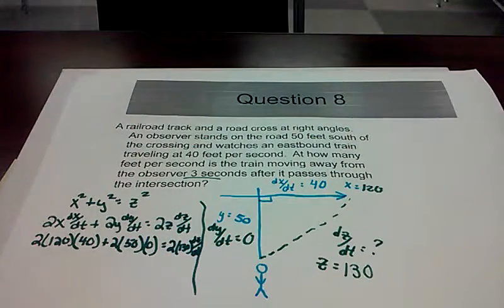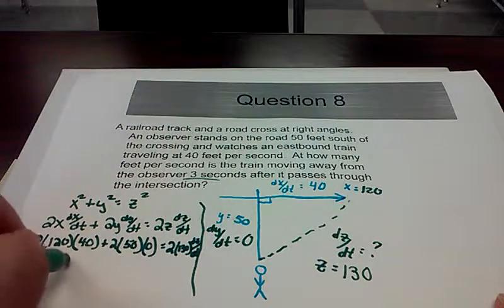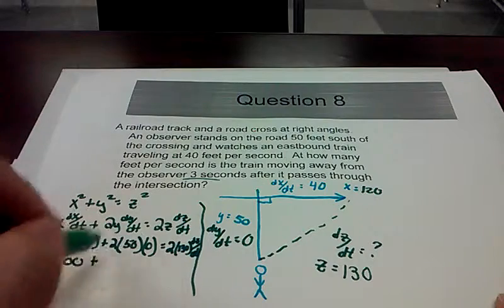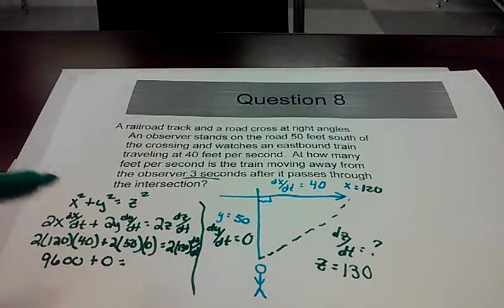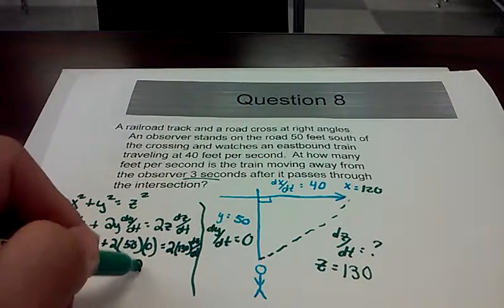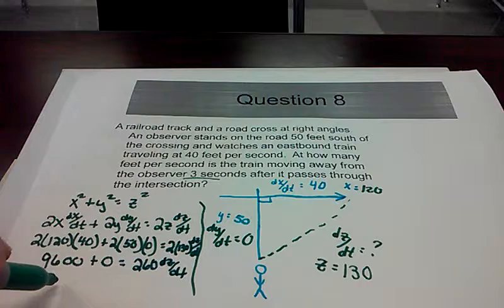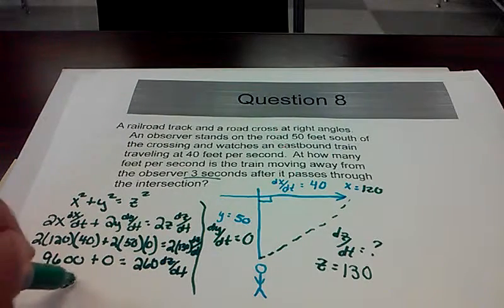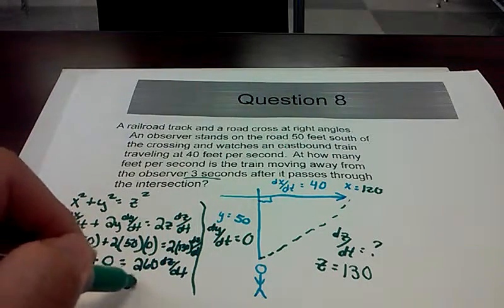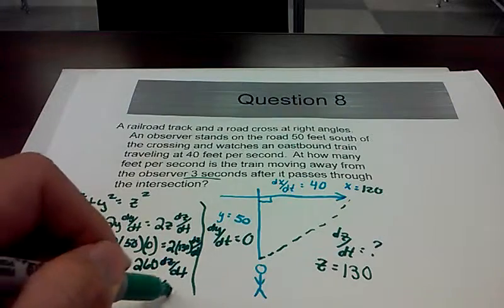We multiply this out. 2 times 120 times 40 gives me 9,600. 2 times 50 times 0 is just 0. And 2 times 130 is 260 dz/dt. So 9,600 plus 0 is 9,600 equals 260 dz/dt.